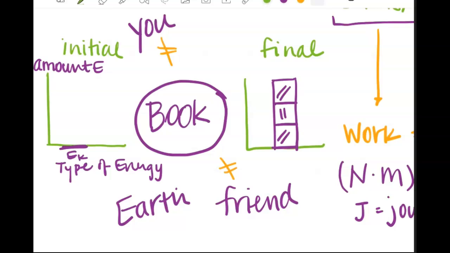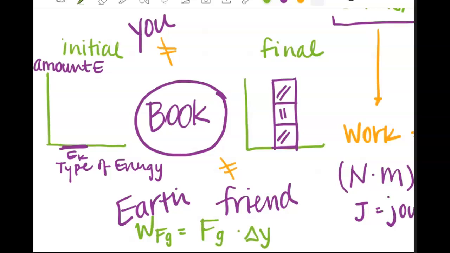Okay, so the earth though is acting on our book. It does something to it. It's doing work. There's work done by this gravitational force because the gravitational force is parallel to the change in position. Okay, and I'm going to use a Y there. So the gravitational force is doing work on the book.